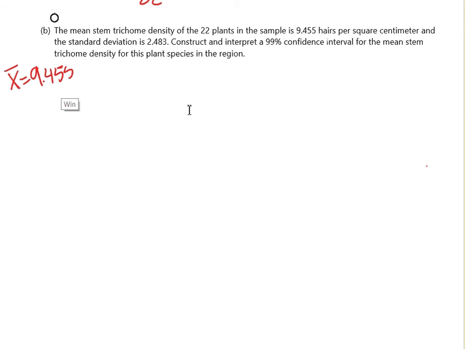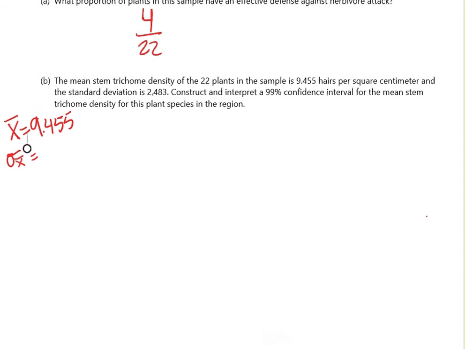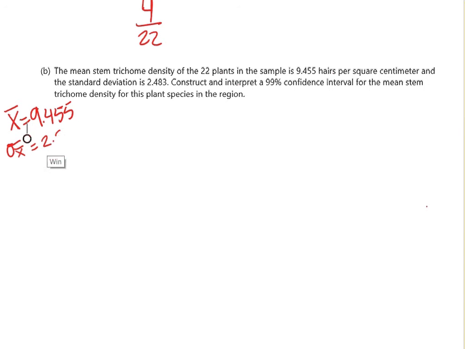And the standard deviation, which is going to be my standard deviation x bar, is 2.483. So we want to construct and interpret a 99% confidence interval for the mean stem trichome density for this plant species in the region. So we have one sample and we're talking about means, so this is going to be a 1 mean t interval.